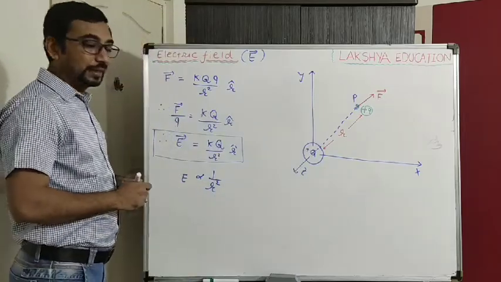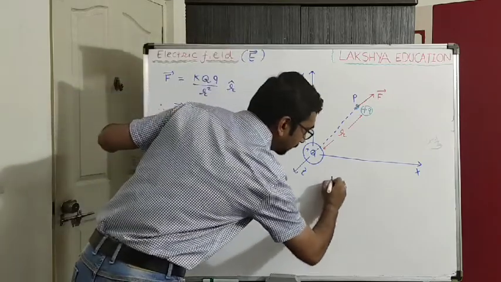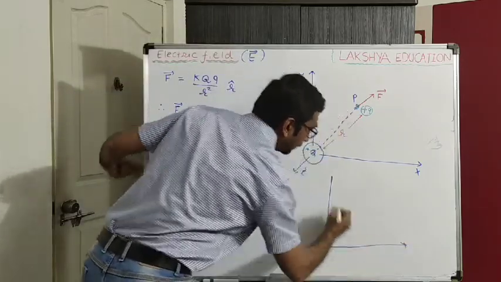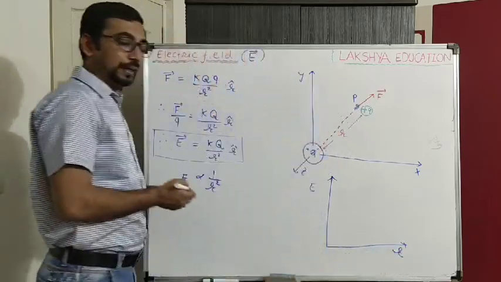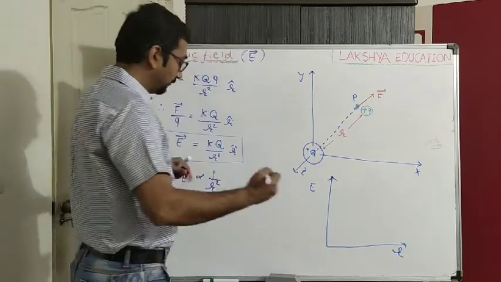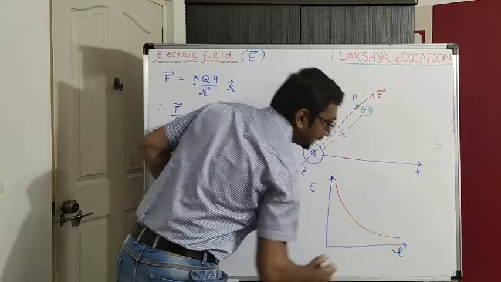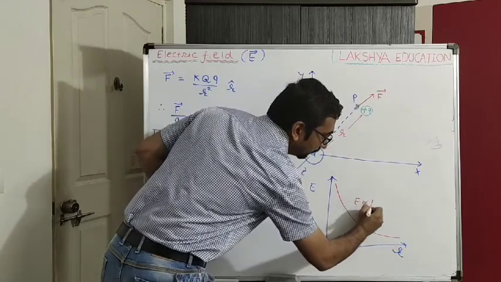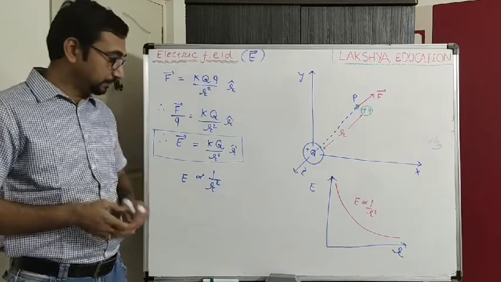If we draw a graph of electric field variation with respect to R, it should be like this. This is electric field and R is the distance from that particular point charge. Here the variation is 1 upon R square, so it will decrease like this. This is the graph of electric field with respect to distance.